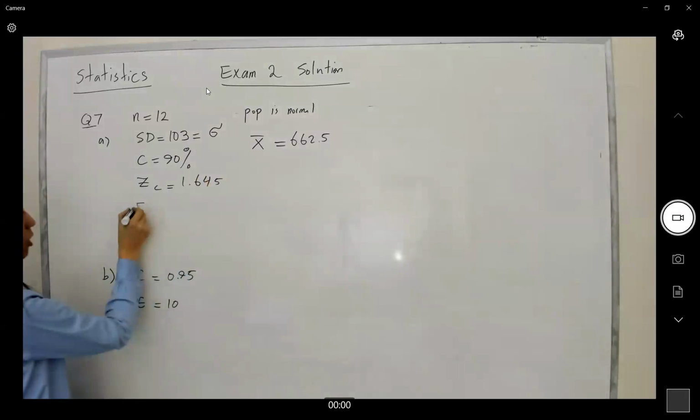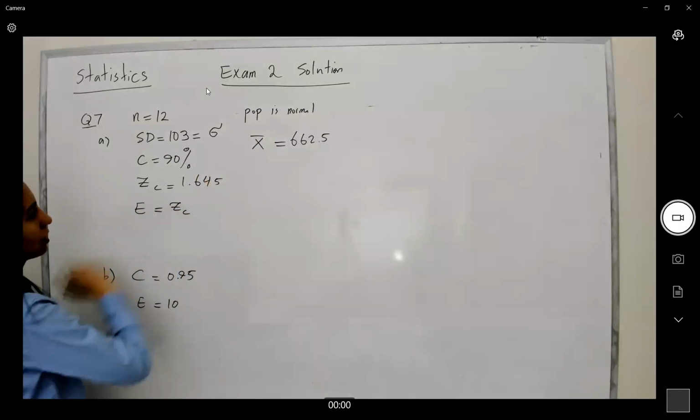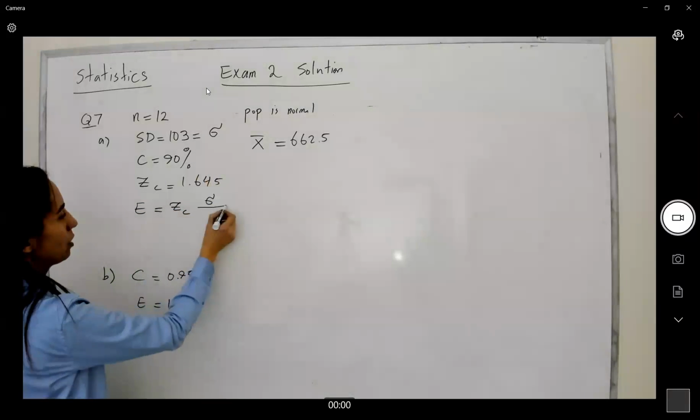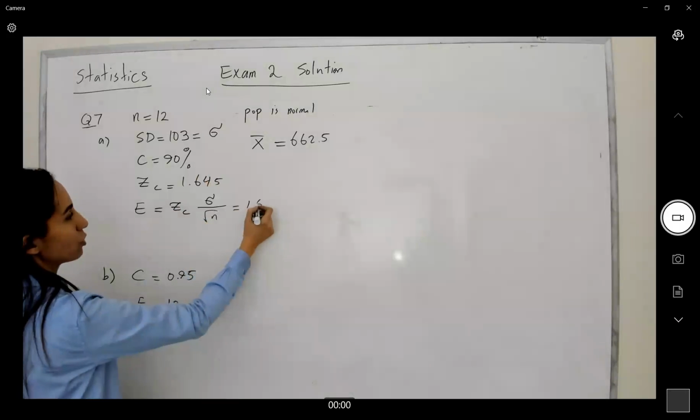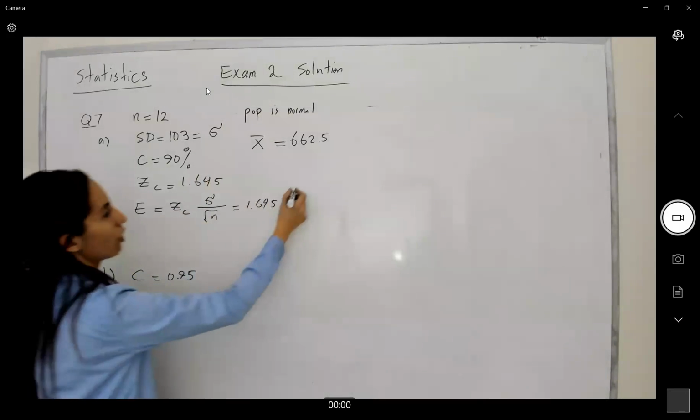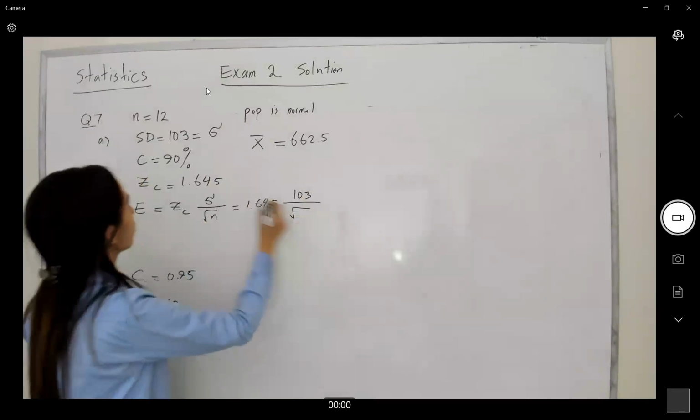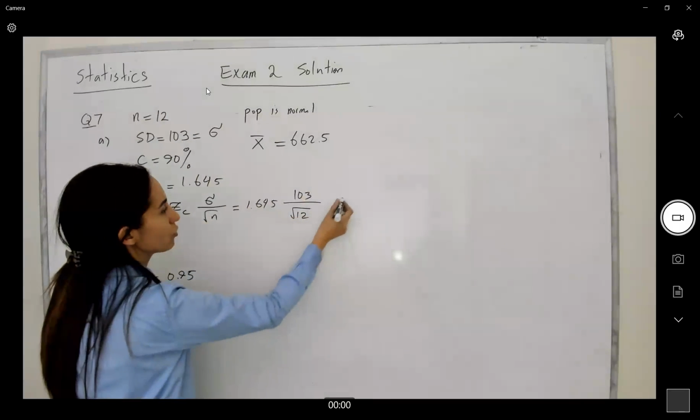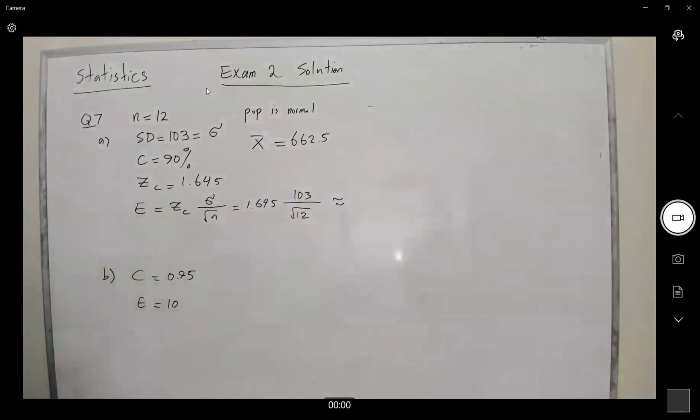So margin of error is equal to ZC times sigma over square root of N: 1.645, sigma is 103, divided by square root of 12, which is approximately... What's your margin of error, guys?